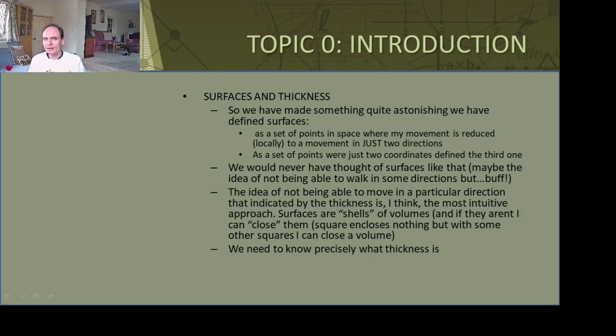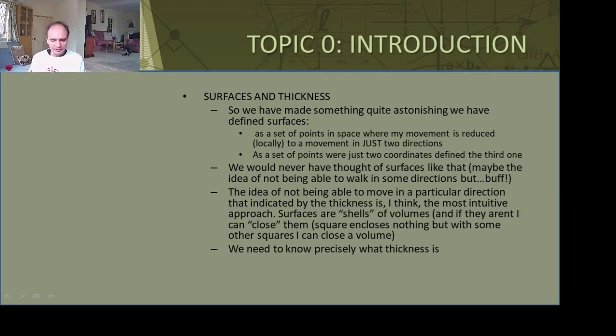And we have even given another one based on the concept of coordinates, as a set of points where the coordinates of the points are linked in such a manner that knowing two coordinates, I can define the third. Surprising once again. I think we would never have thought of surfaces to be something like that.